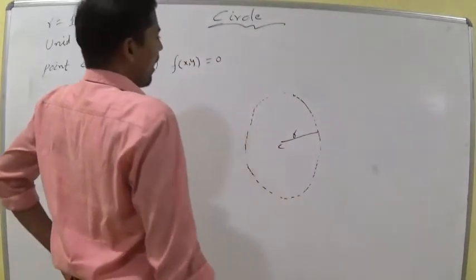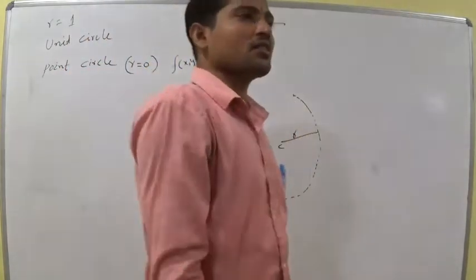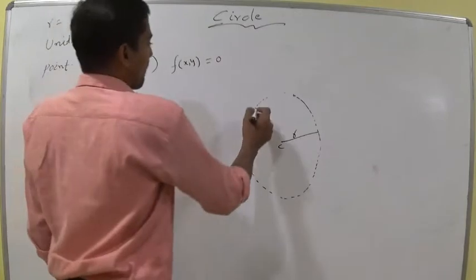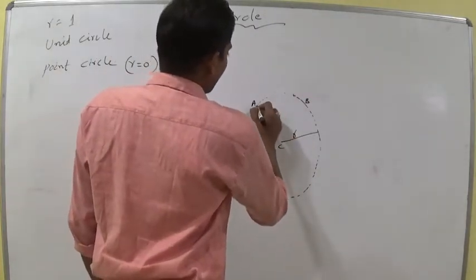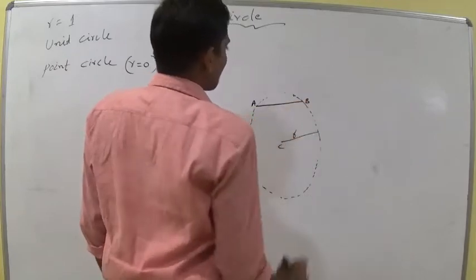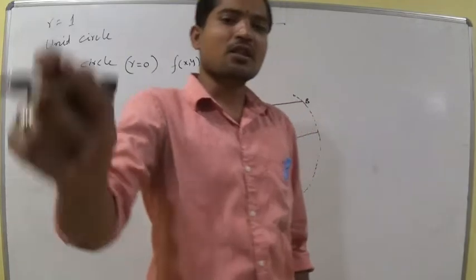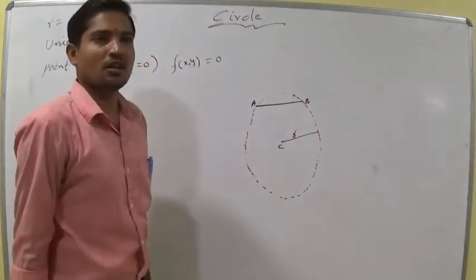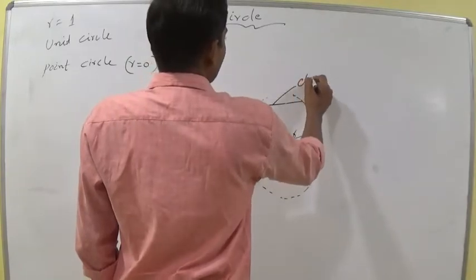Here any 2 points on a circle joined by a line segment is called a chord. Suppose A, suppose B, any 2 points on a circle joined by a line segment is called a chord of a circle. So this is a chord.